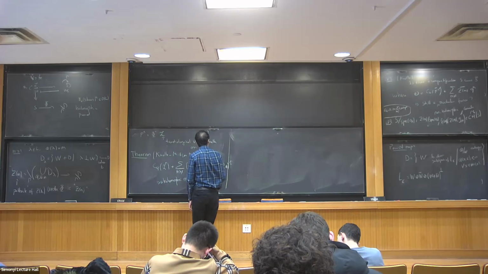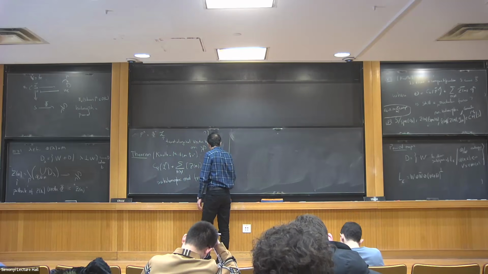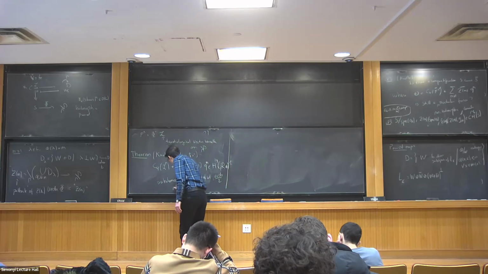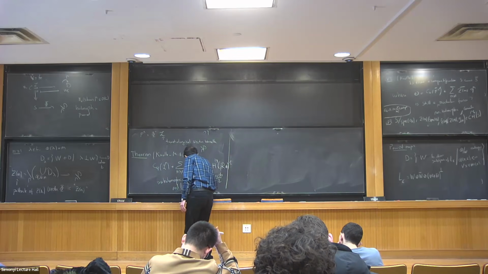So what would my number? A to B, A plus 2B over 2. And some level, gamma inside SL2Z.